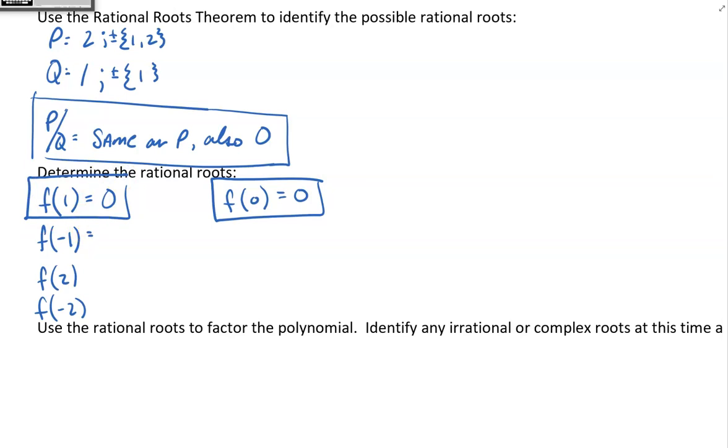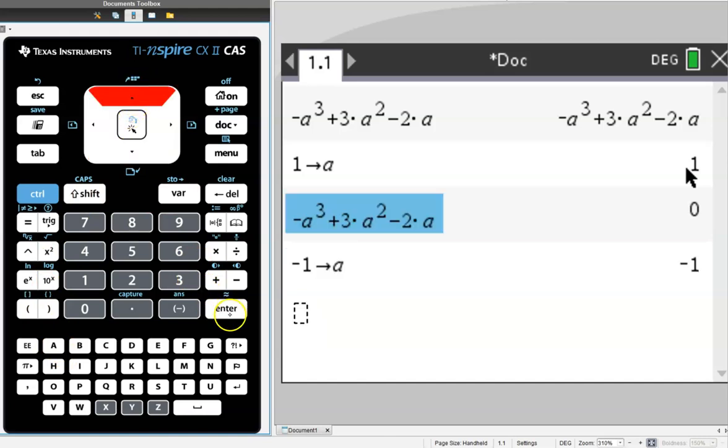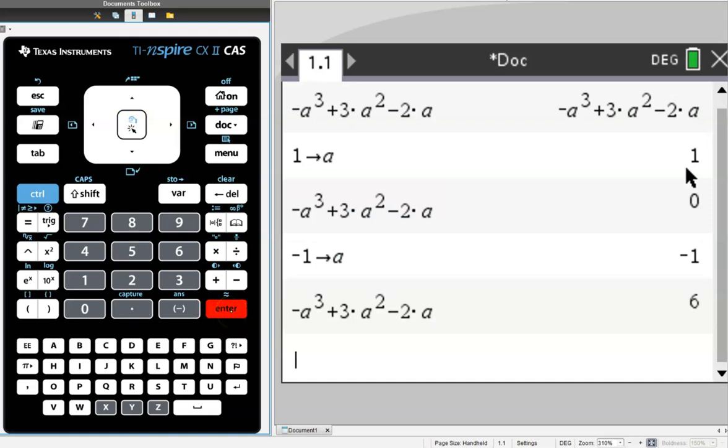And we'll do the same for negative 1, positive 2, and negative 2. So negative 1, store as A. Press enter first. Then I'll call the last equation. That one did not work, so we'll try 2.